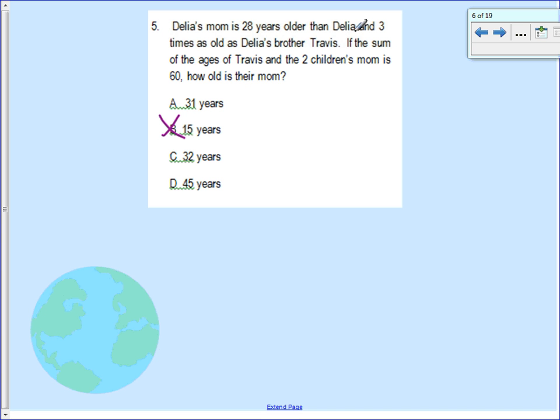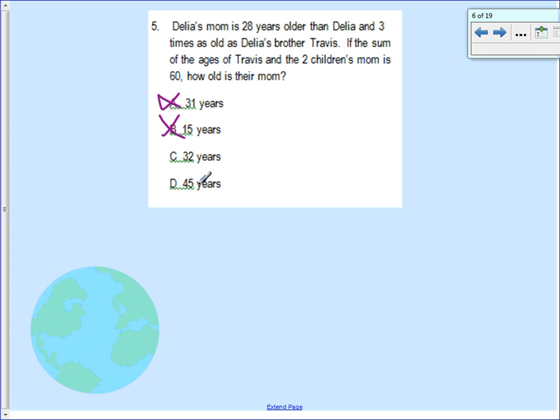Which means Delia is 3 times as old as her brother Travis, so her brother would have been 0 years old. But the sum of the ages of Travis and the mom is 60, so that doesn't make sense. So that's not an answer choice. So it's either 32 or 45.